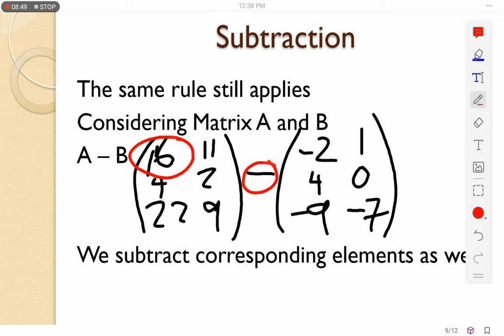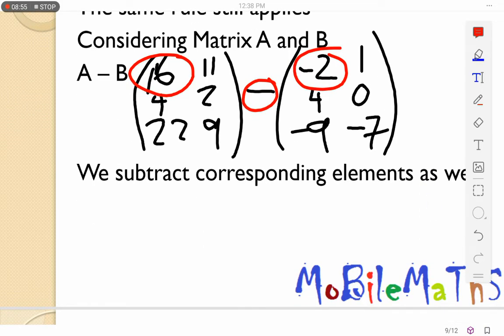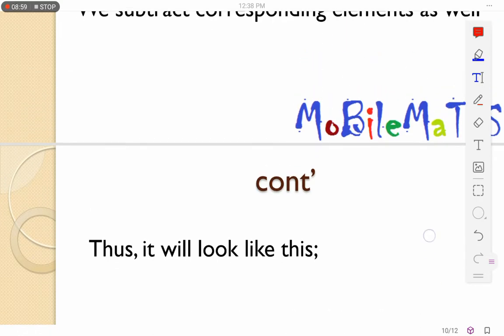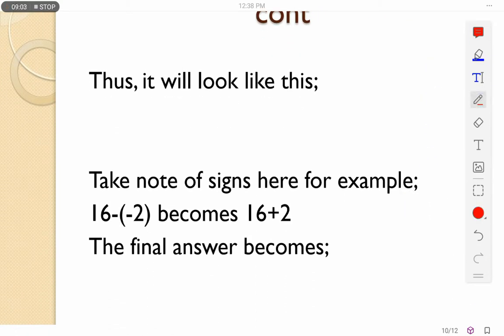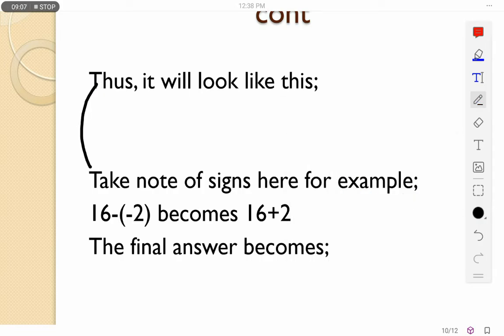16 minus 2. That's what I'll be doing. Let's do that and write. We'll have 16 minus 2 on that end.